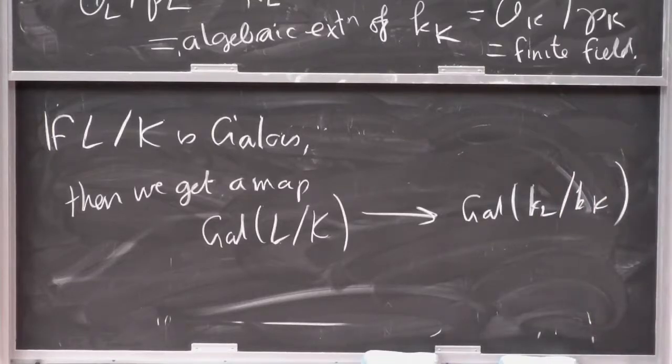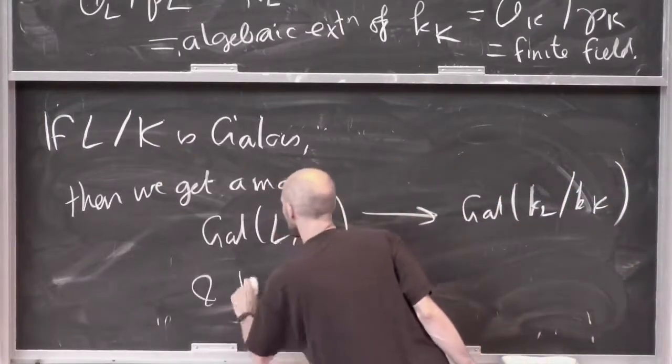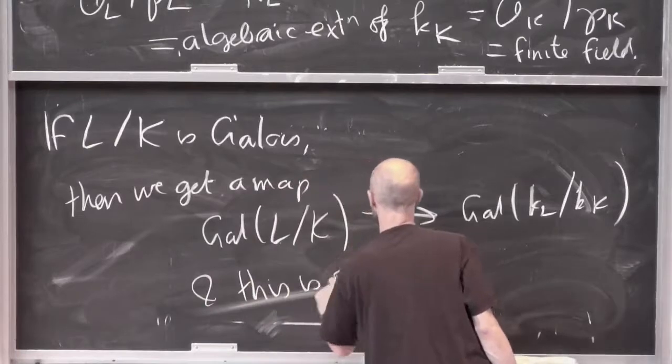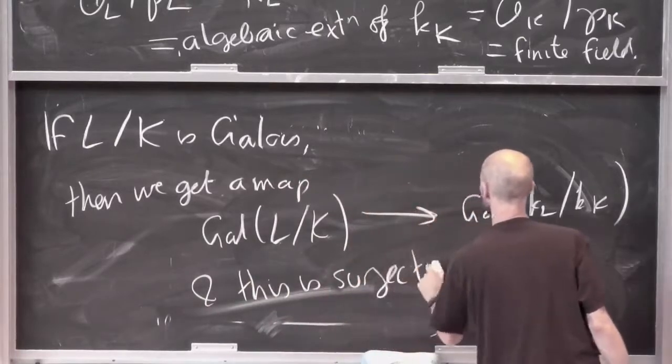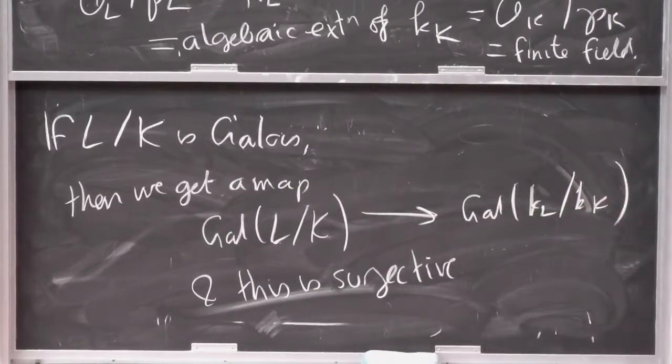And by counting, one can check that this is surjective, at least in the finite case, and then by some limiting argument this is surjective. But it might not be injective in general.